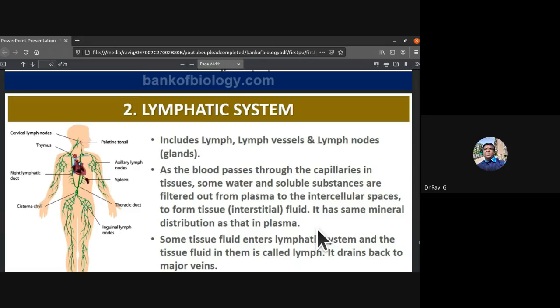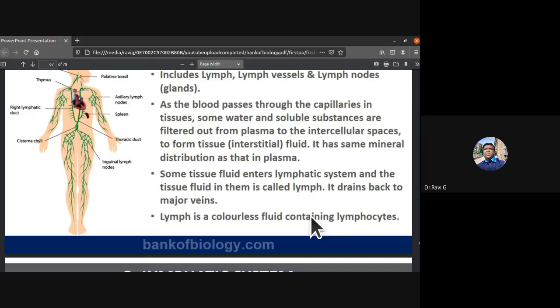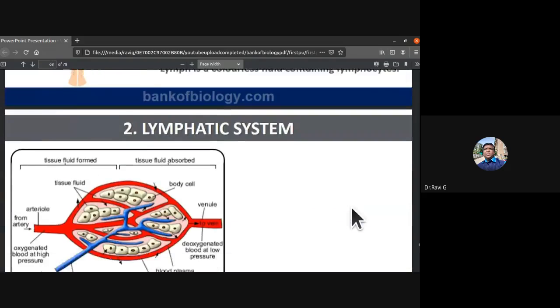This interstitial fluid has the same mineral distribution as that in plasma. Some of this tissue fluid, this interstitial fluid, enters the lymphatic system, and we call it lymph. It drains back to the major veins. Lymph is a colorless fluid containing lymphocytes.